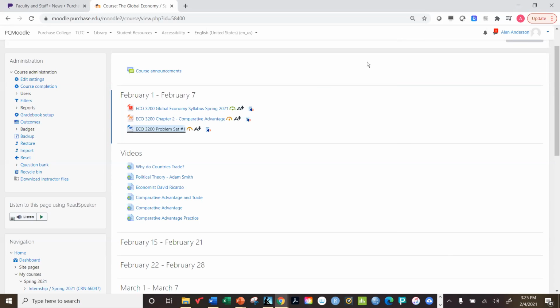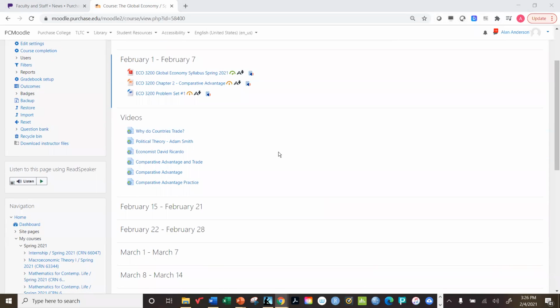And so we're going to take a step back and sort of look at some of the reasons why this might be happening. All right, so this is not very quantitative what we're about to look at, but it's maybe a little bit more theoretical. We're just trying to help ourselves understand how and why a country can obtain a comparative advantage in a good or service. Okay, so let's take a look at that.